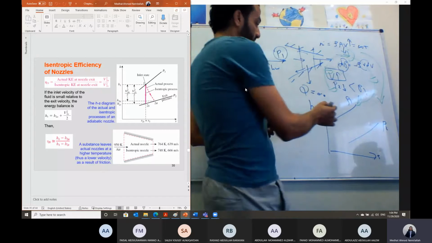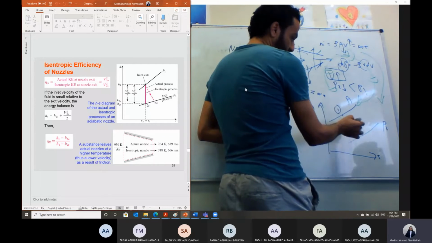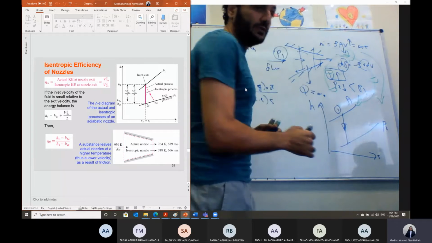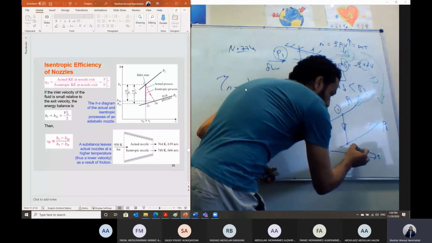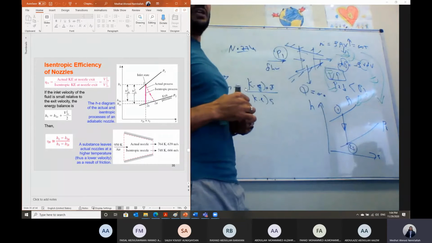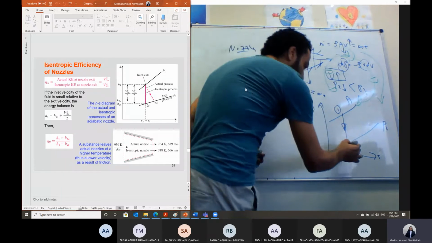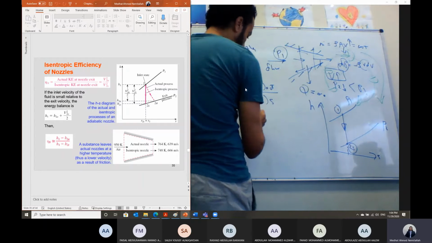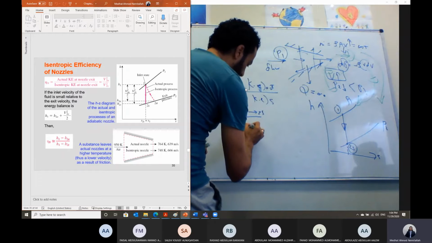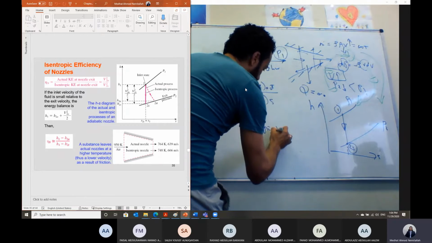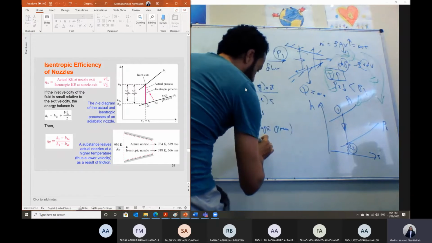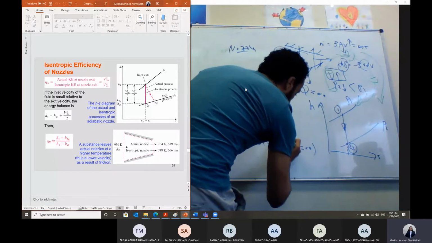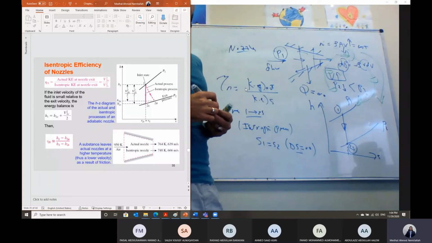If the flow is coming to the nozzle at state number 1, and this expansion process is isentropic, we don't have any kind of losses, then the entropy will be constant and the flow will be leaving at point 2s. The process from 1 to 2s is an isentropic process, in which S1 is the same as S2, or we can say the change of entropy delta S is equal to 0.